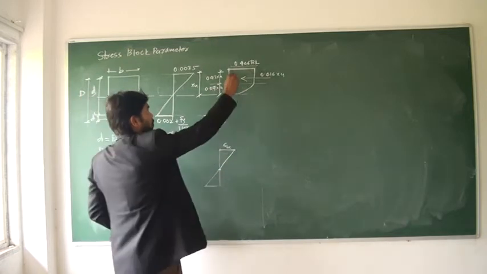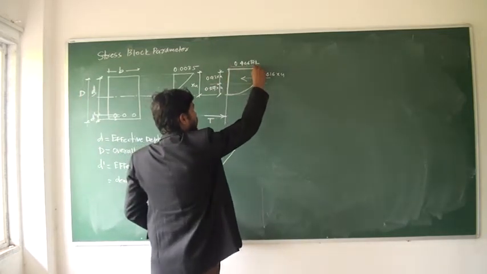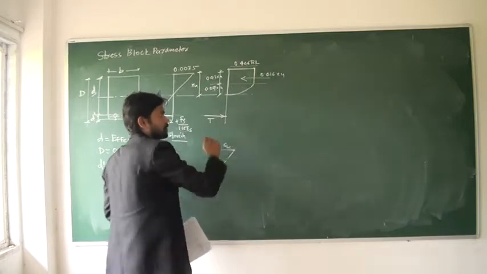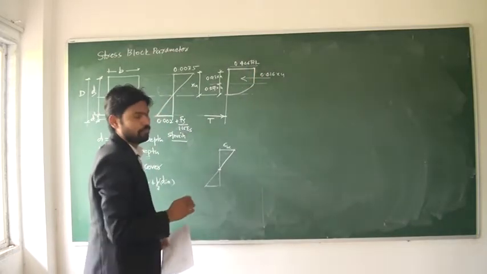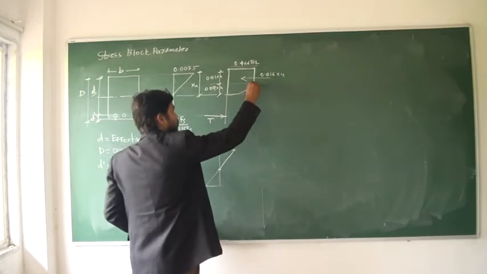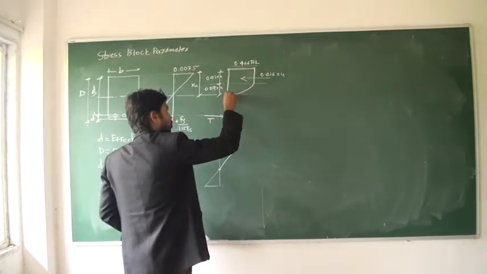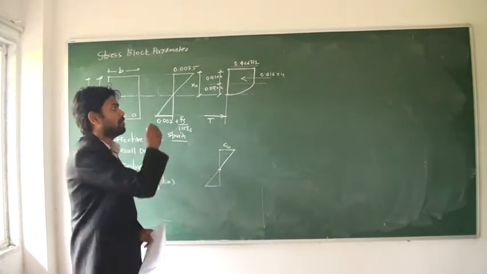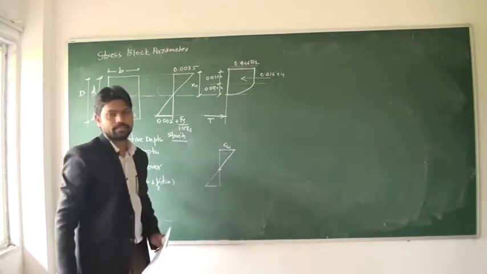This value will remain constant up to some depth, then it will take a parabolic shape and be 0 at the neutral axis.